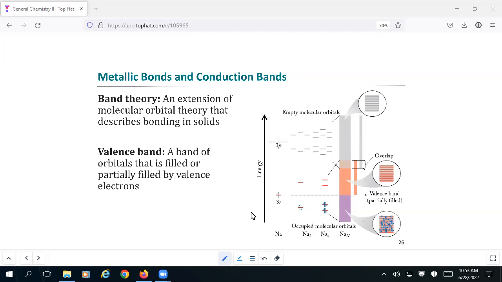And so you can start to see the split between the bonding down here and the anti-bonding up here, not only in the S subshell, but also here in that P subshell.